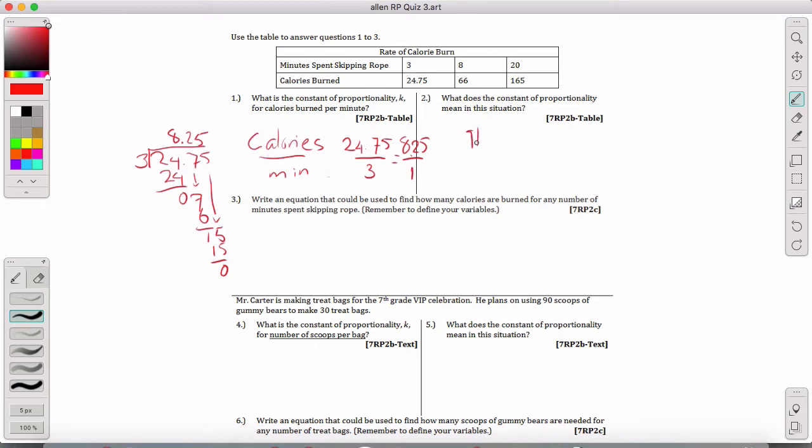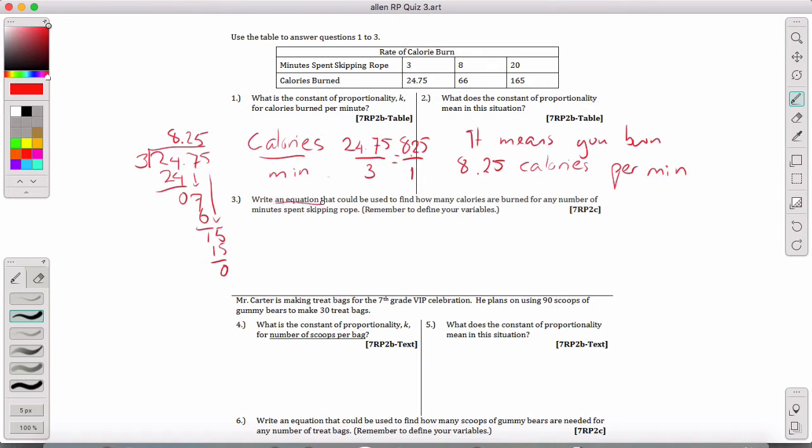It means you burn 8 calories and 25/100ths calories per minute, per 1 minute.